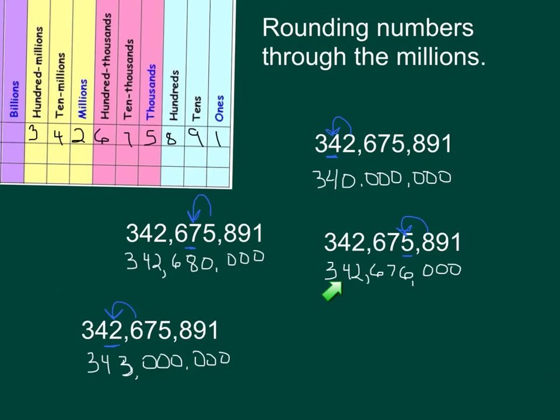Alright, did you get 342,676,000 for your answer? If so, you were absolutely right. 8 is 5 or more, and so this number soared. Let me know how you did.